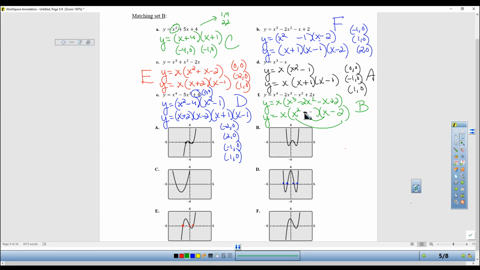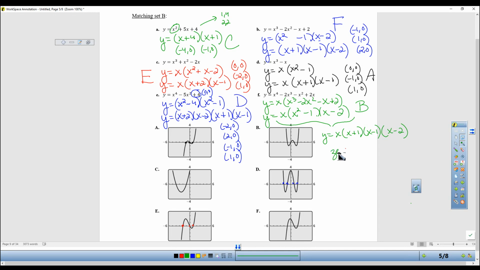And then this one has to be a -1. So that's how I can make it all work out. This can be factored even more into x times x plus 1, x minus 1, and x minus 2.